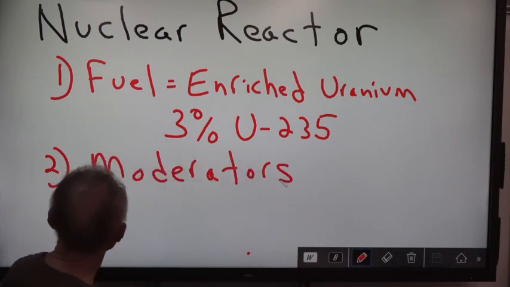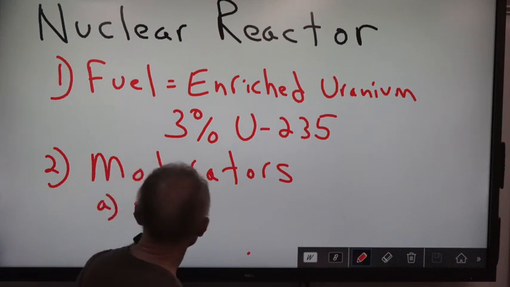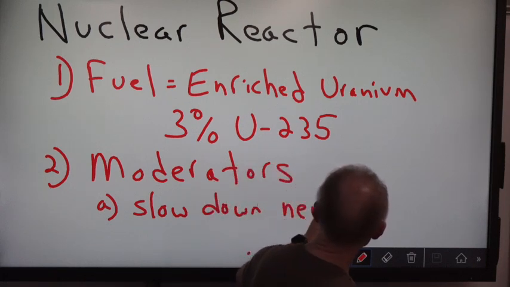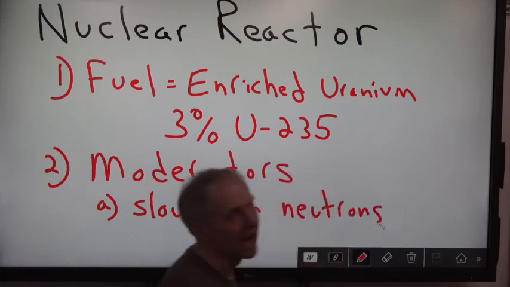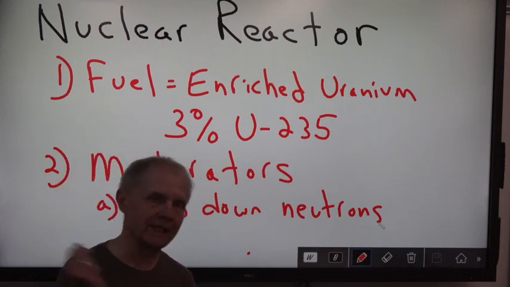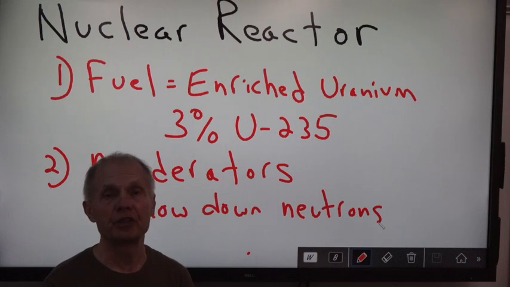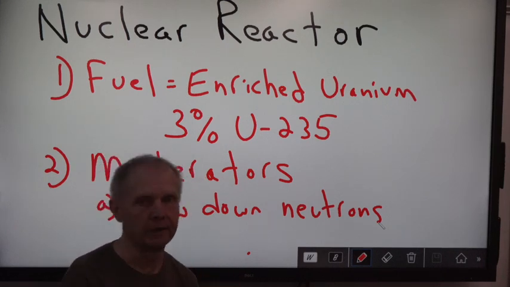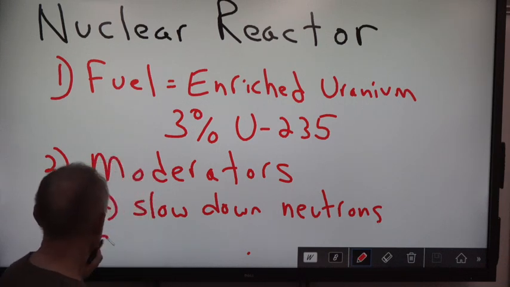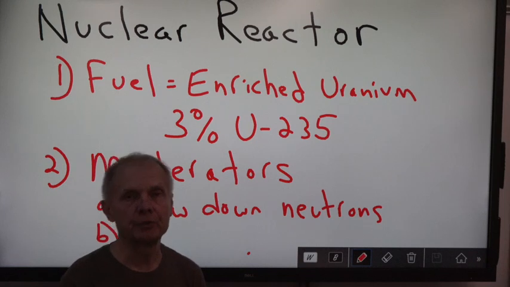Moderators moderate the speed of the neutrons. They slow them down so when they hit the nucleus of the fissionable uranium-235 isotope, it'll split them, and you get 3 more.